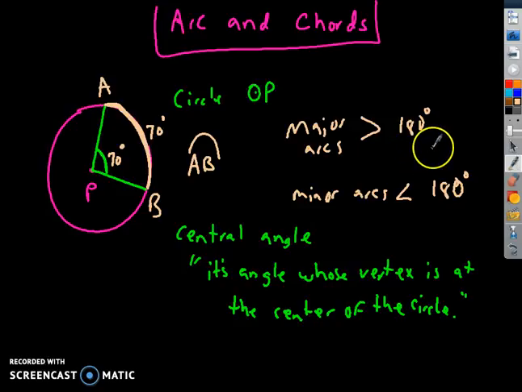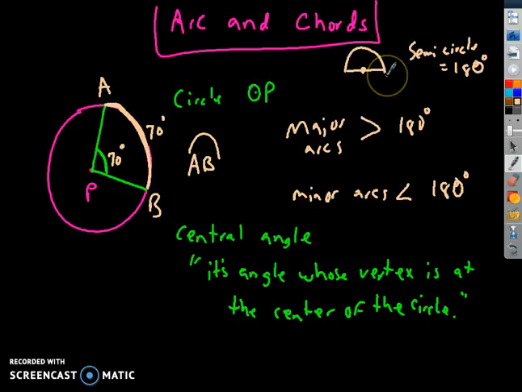And if it's equal to 180 degrees, it's a semicircle. It would look like a half circle, where the center would be somewhere there. So you have major arcs, minor arcs, and semicircles.